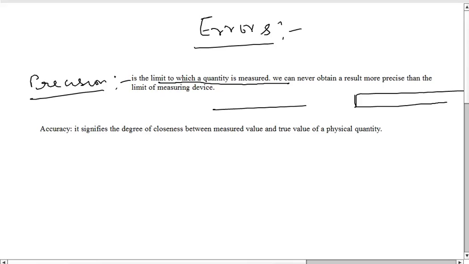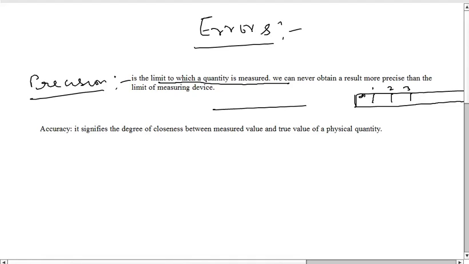Then what is the minimum spacing that we can measure? You must have seen that it is divided into certain sections: first centimeter, second centimeter, third centimeter, and so on up to 15 centimeter, right? So 1 centimeter is divided into 10 parts, that is 10 millimeters.